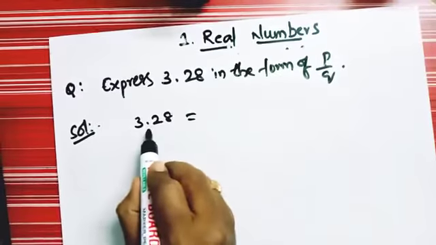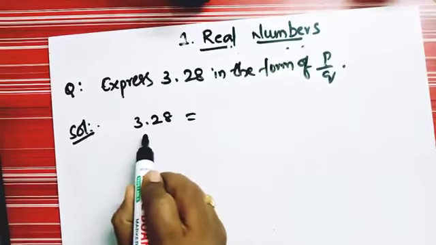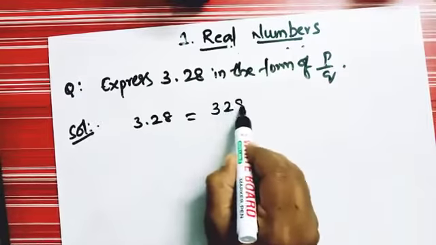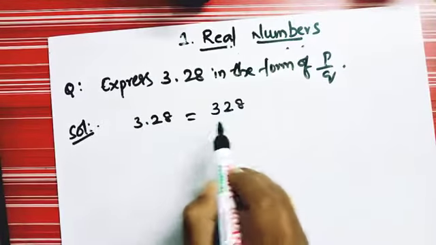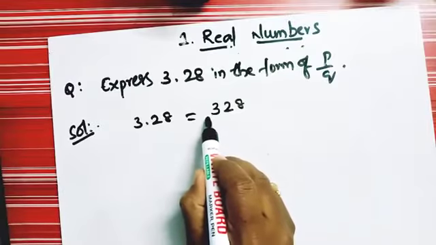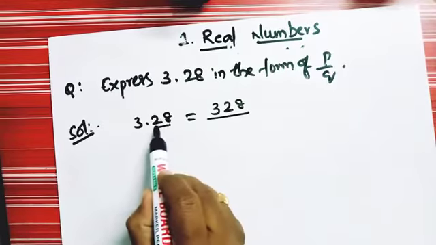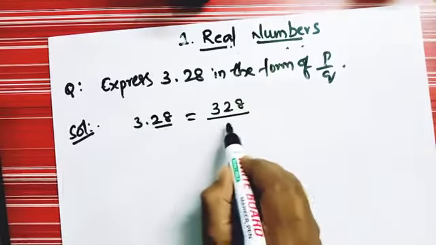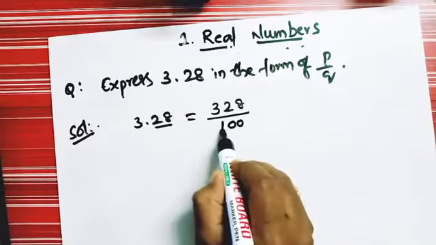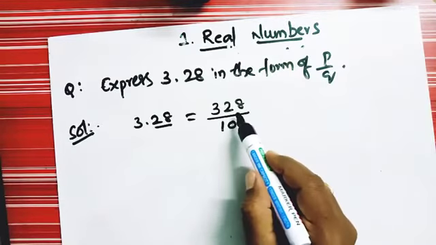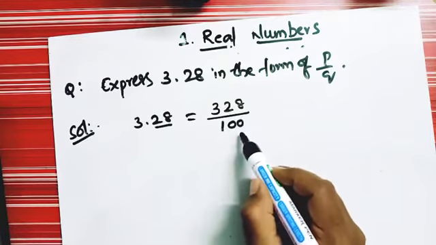This is called a decimal fraction. So we write 328. First of all we write all the digits from the given decimal number. After that, in the denominator, in the decimal part we have 2 digits, so you should write 2 zeros, that means 100. Now it is in the form of p by q, so this is a rational number.